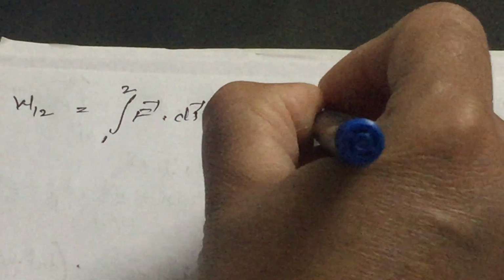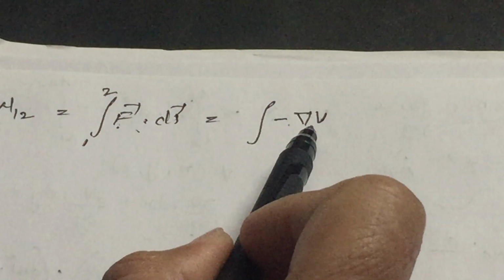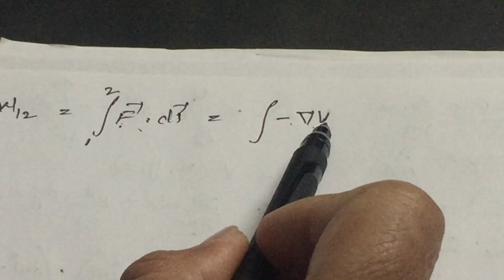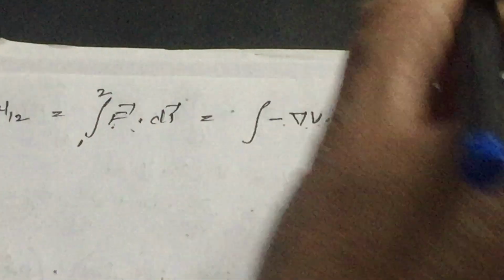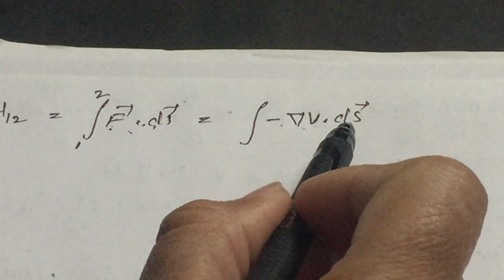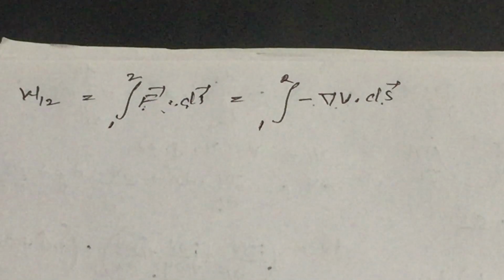But in case of potential energy, we know that force is given as the negative of the gradient of potential energy, and displacement is taken from position 1 to position 2.